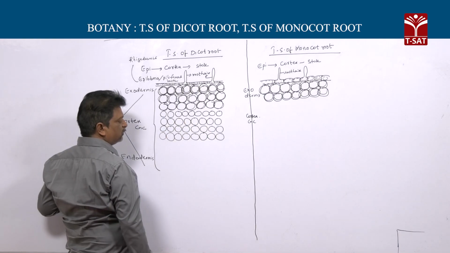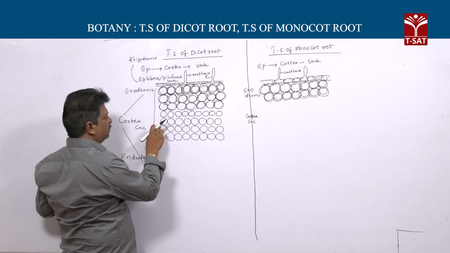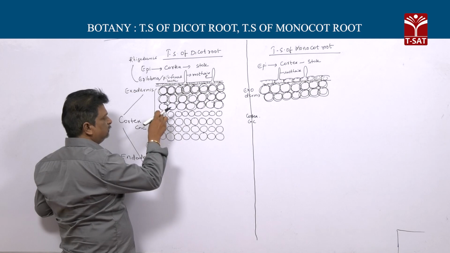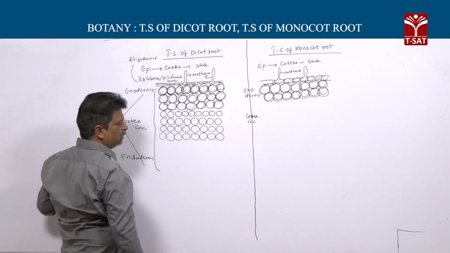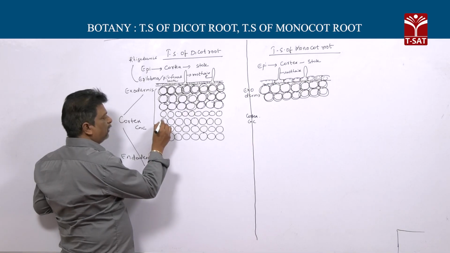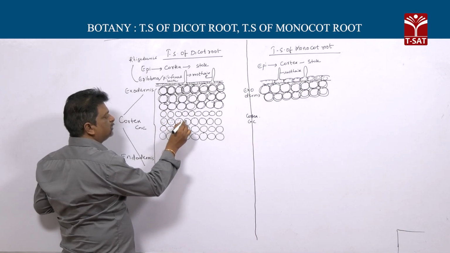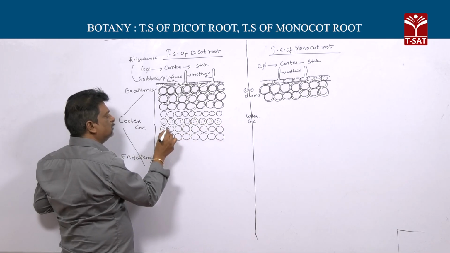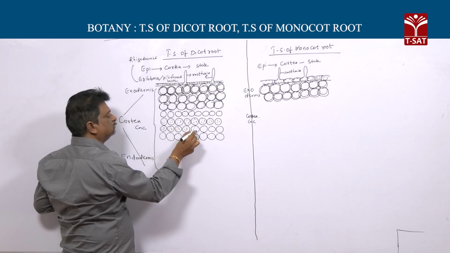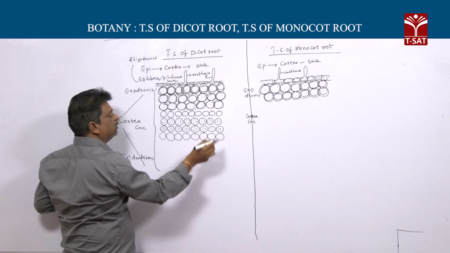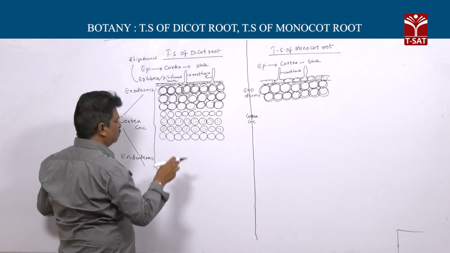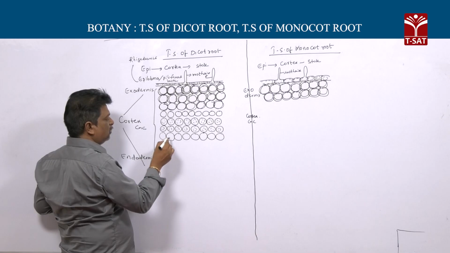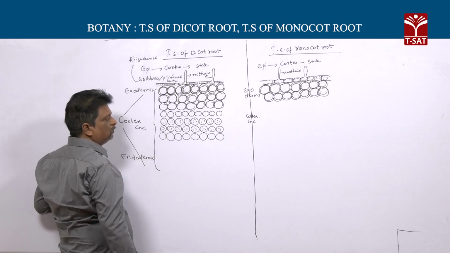So intercellular spaces present. Then function of general cortex: one is help in lateral conduction. And these cortical cells contain leucoplast, so help in storage. Then the point is, only in photosynthetic roots, this general cortex contains chloroplast, so help in assimilation.